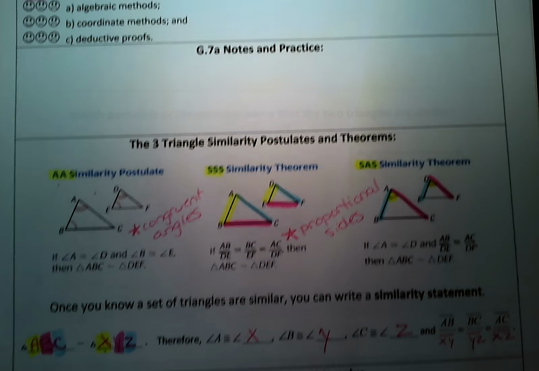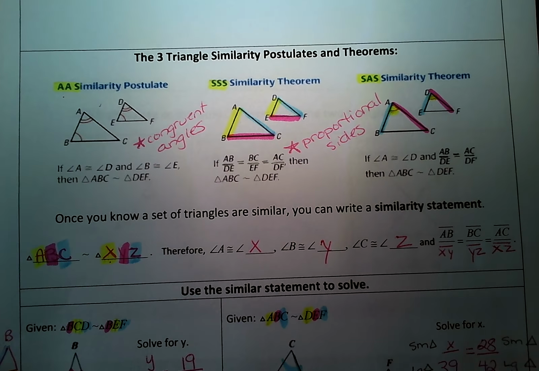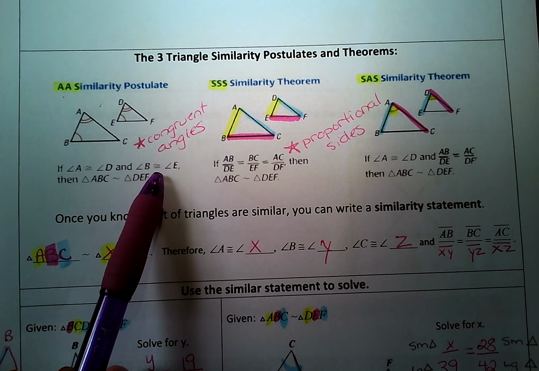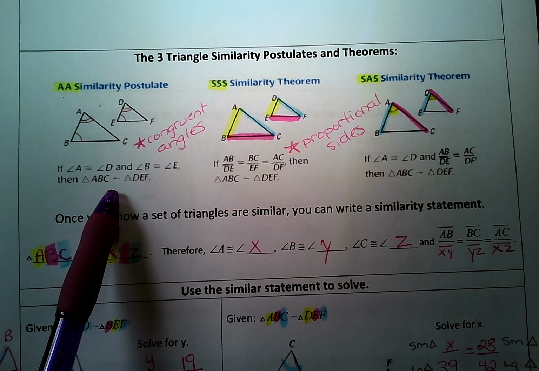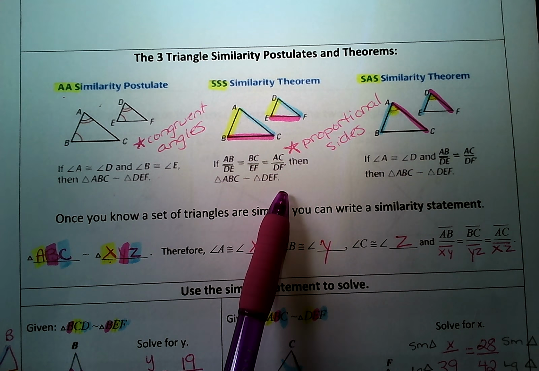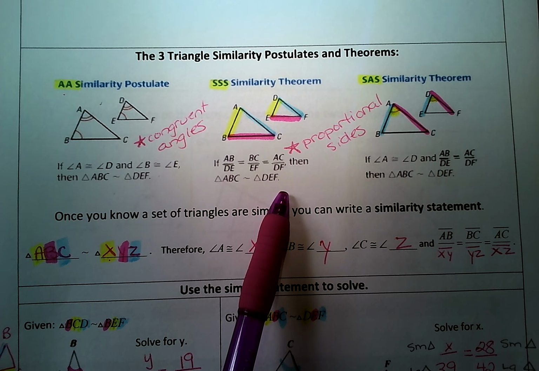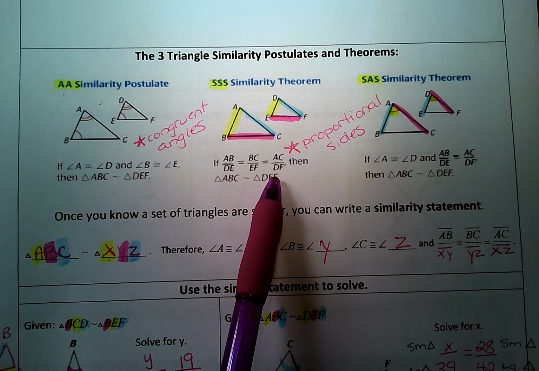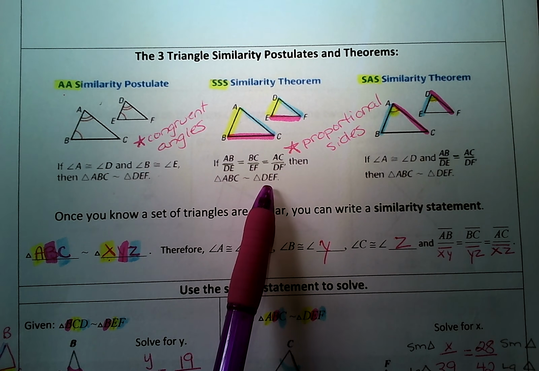Now, I've got my three similarity postulates here. The AA similarity postulate says that if two angles in one triangle are congruent to two angles of another triangle, then the two triangles are similar. I've got the SSS similarity postulate that says if we have three sets of proportional sides, then the triangles are similar.